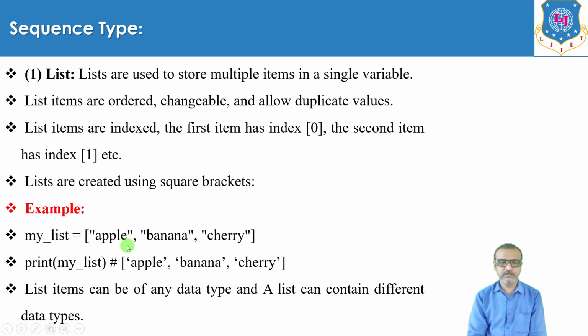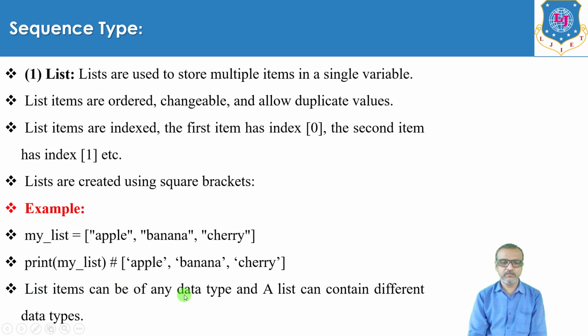If we have to show the output of this list, how can we do it? For that purpose, we will write print of my_list. The output of this print statement will be nothing but the list, and we have in this list 3 elements, that is apple, banana and cherry.